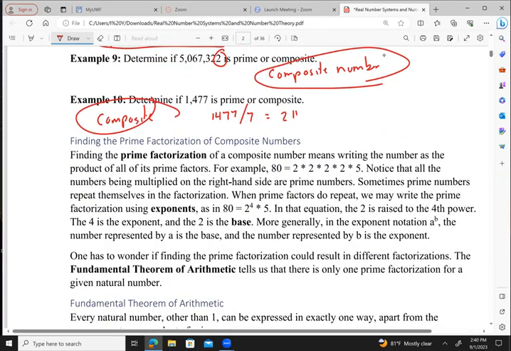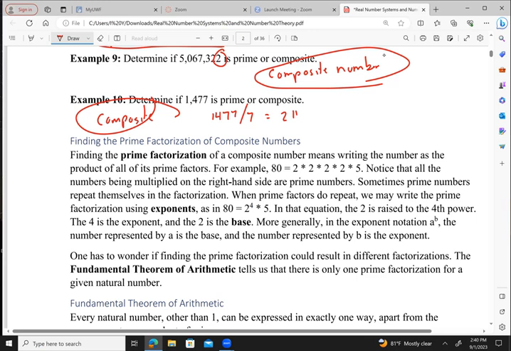The next thing we're looking at is finding the prime factorization of composite numbers. We want to break them down. Finding the prime factorization of a composite number means writing the number as the product of all of its prime factors. For example, 80 would be 2 times 2 times 2 times 2 times 5.